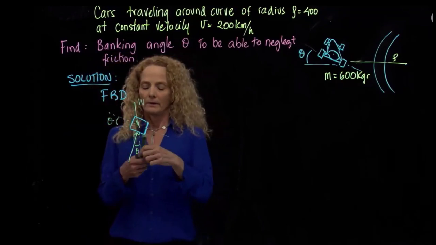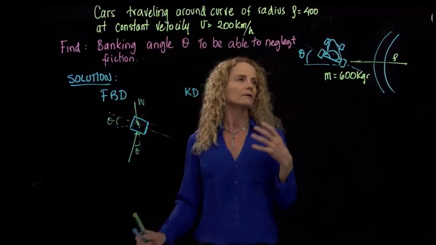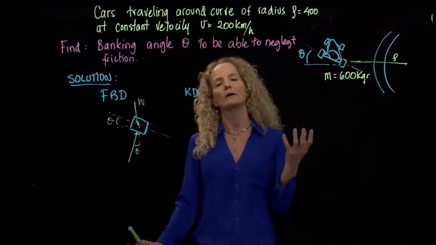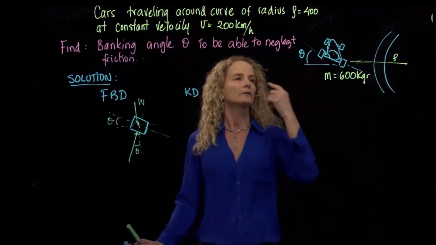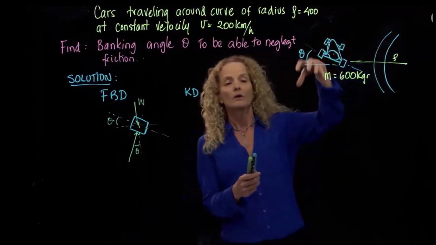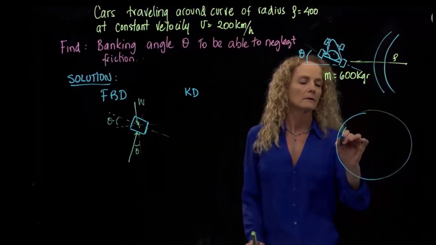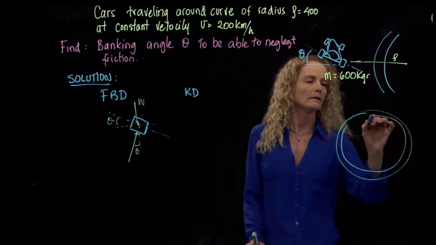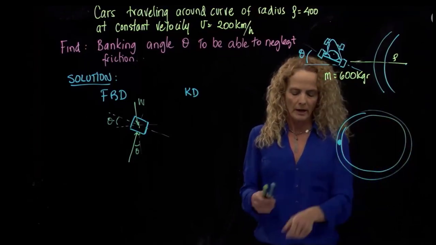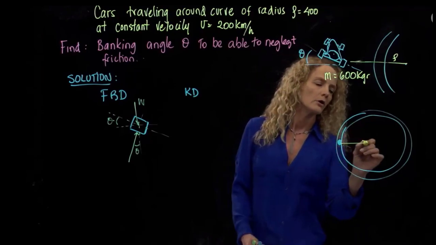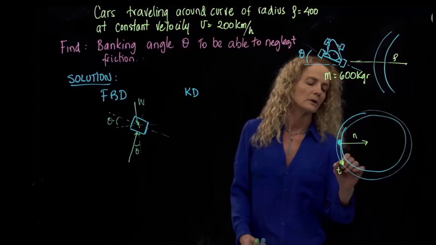And then if we draw our kinetic diagram, the important part in this problem is to analyze which kind of coordinates we will use. As you see, we are moving in a circular path. If we look at that from the top, we can imagine these cars traveling in a circular path. So this is my car, one of them. They will have a normal acceleration and a tangent acceleration.